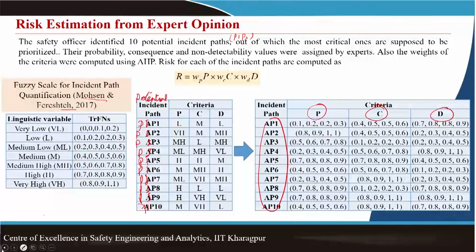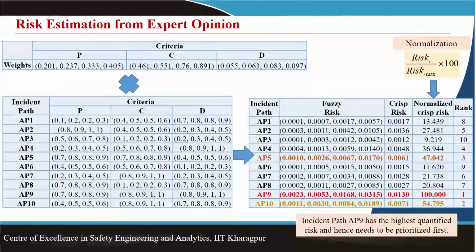Okay, so after that what will happen? Now I have the criteria values from the pairwise comparison matrix. For all the potential incident paths, I have the trapezoidal fuzzy values, and I have the trapezoidal weights for all of the cases.